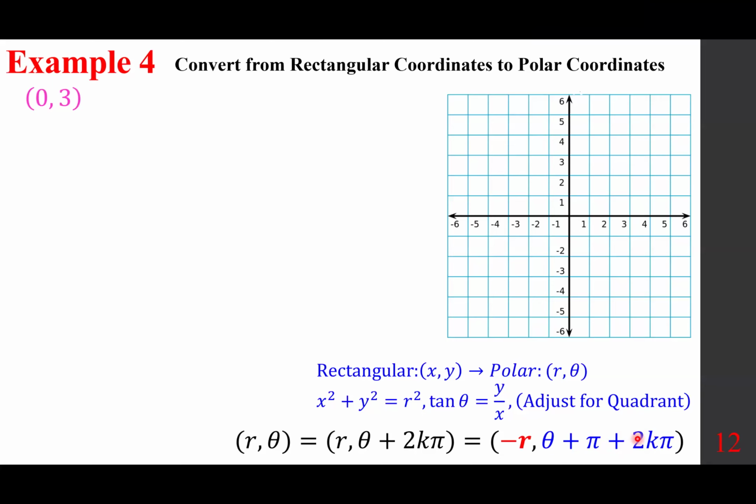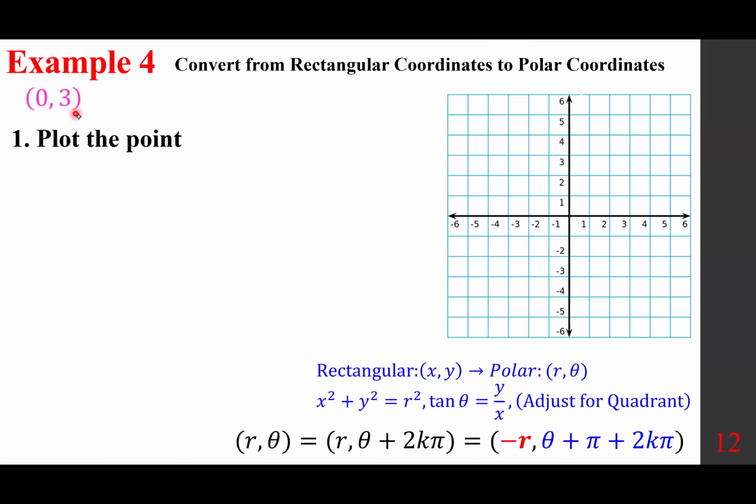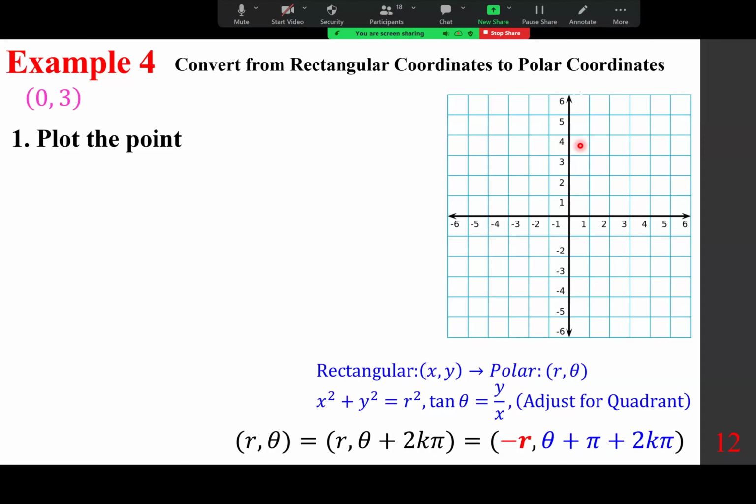And now, what do we do? Number one, plot the points. If you're given a bunch of points, just plot them. In this case, 0 comma 3. That's the location.